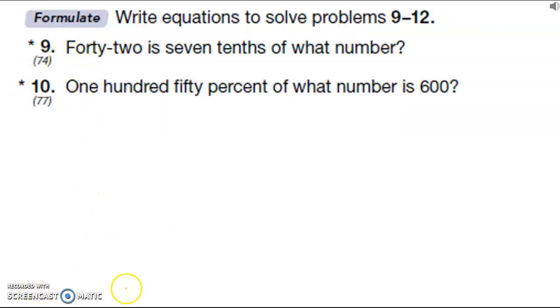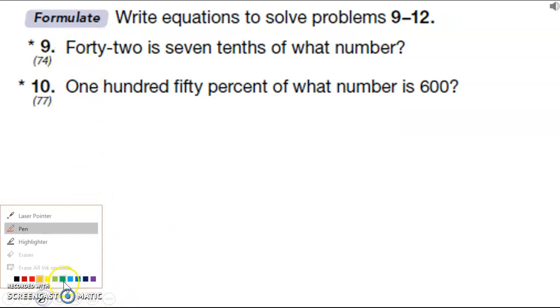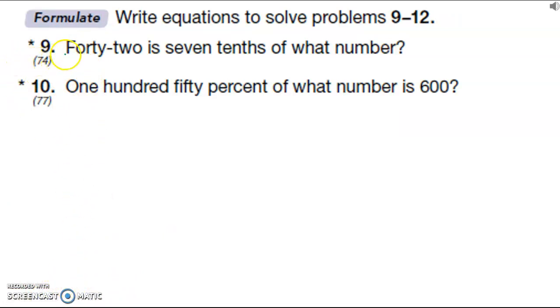Let's change colors because this one's hard to see. Here I have 42 is 7/10 of what number? So I have my is over of. I know 42 is, I know x is what number, equal to 7/10.